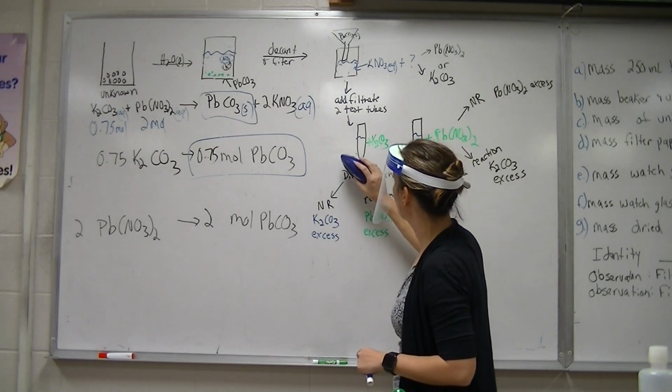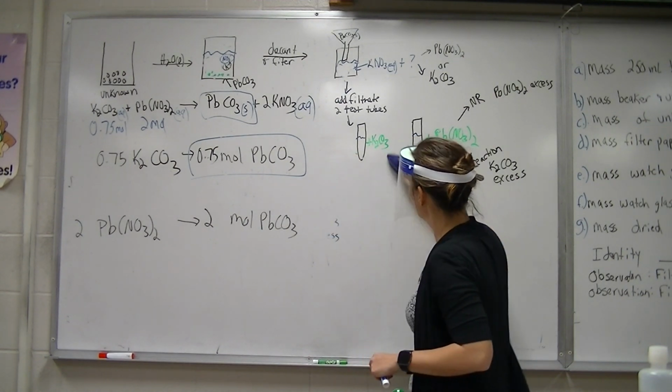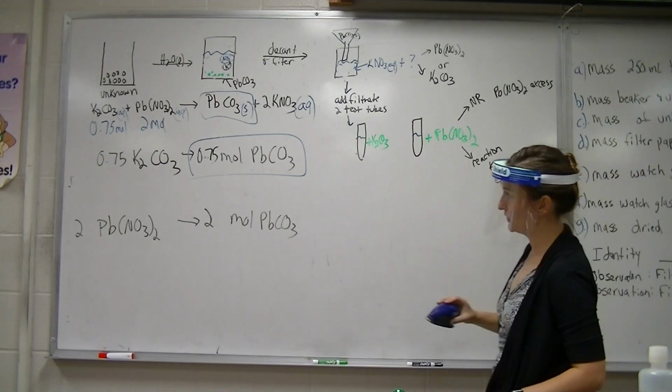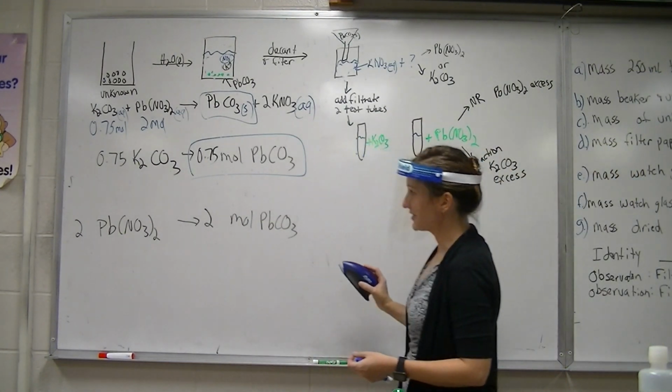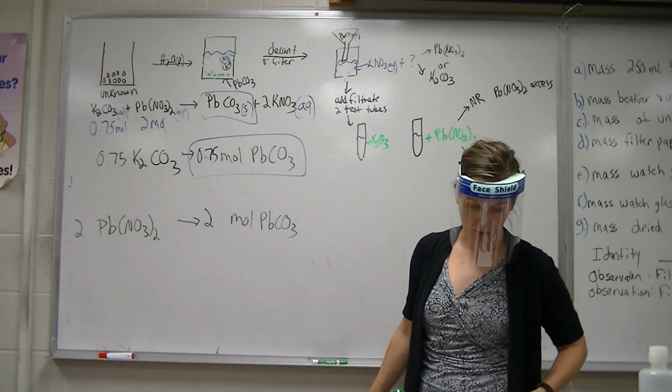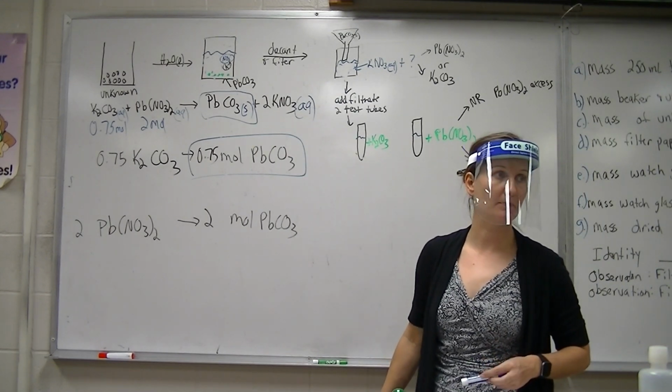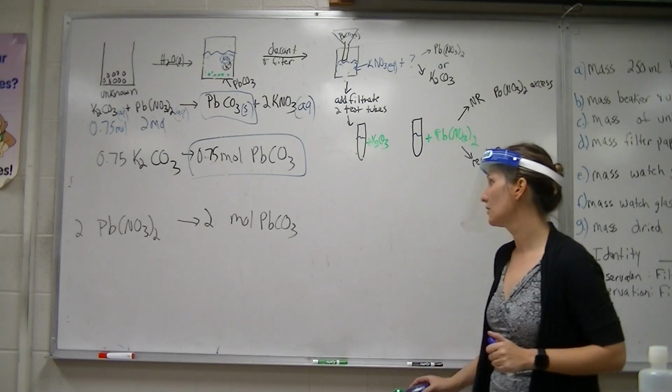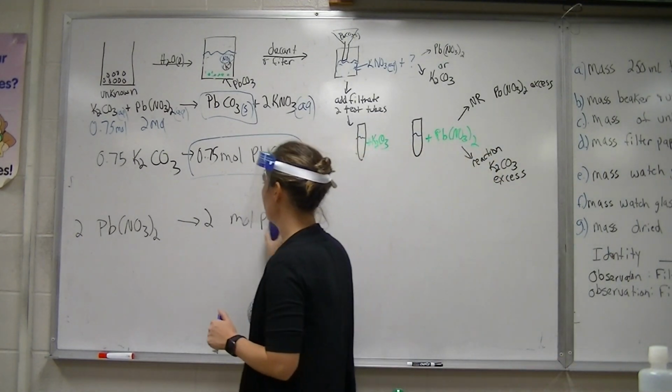So I'm going to erase just this small section here. This is in your lab manual as well if you need to look at that. Because the next calculation, we're going to take that 0.75 moles and figure out how many grams that is of product. So it's a mole to gram calculation.